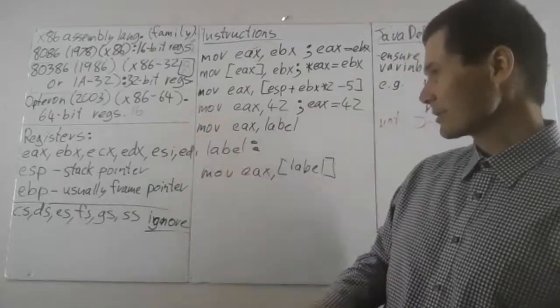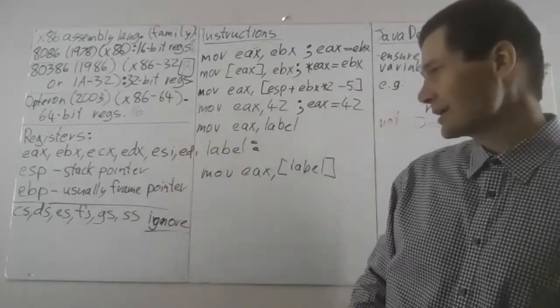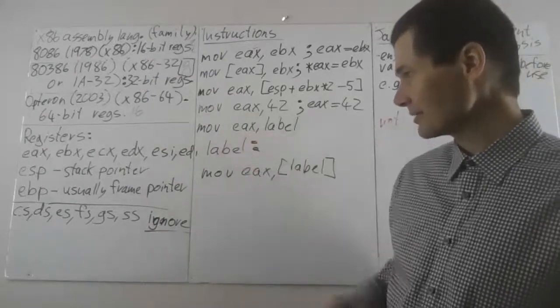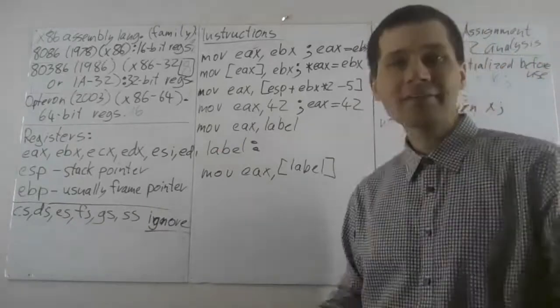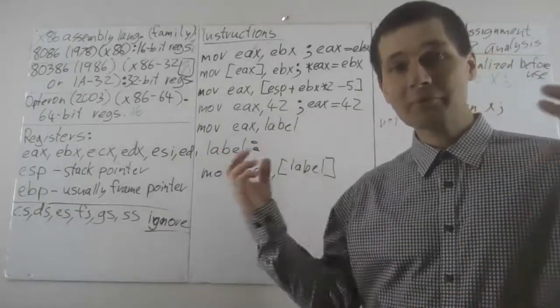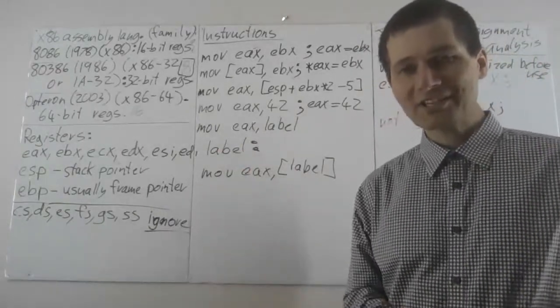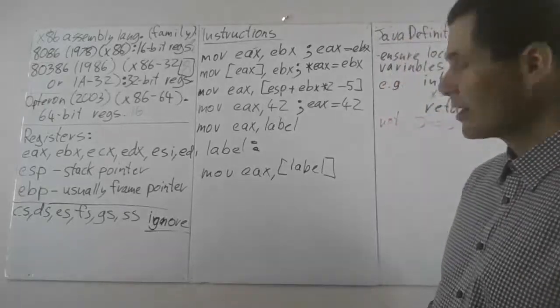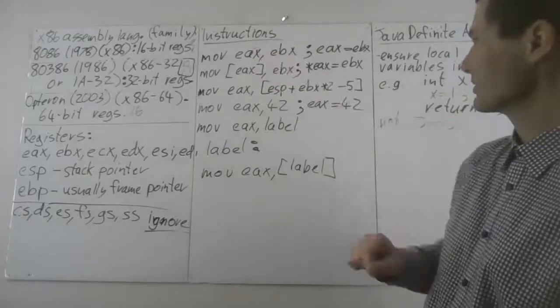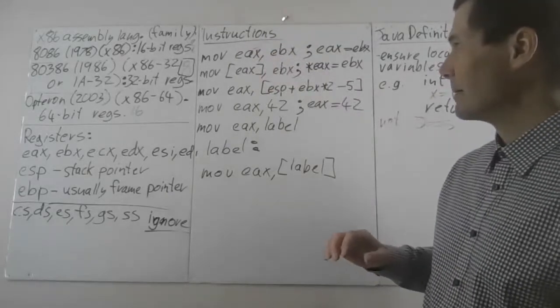The registers: we have basically 8 registers that we can use, and the segment registers that you ignore. And then I started talking about the most essential x86 instructions that you're going to need to generate code. And I got all the way to the move instruction.